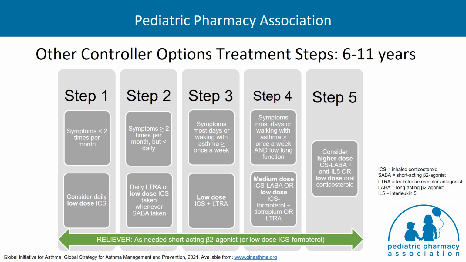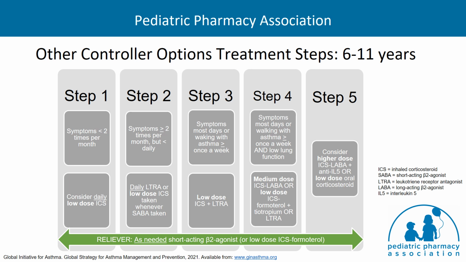Other controller options for the 6 to 11-year-olds include considering a daily low-dose ICS earlier than step 2, so initiating this in step 1, and giving the opportunity for an additional agent with a leukotriene receptor antagonist in step 2.